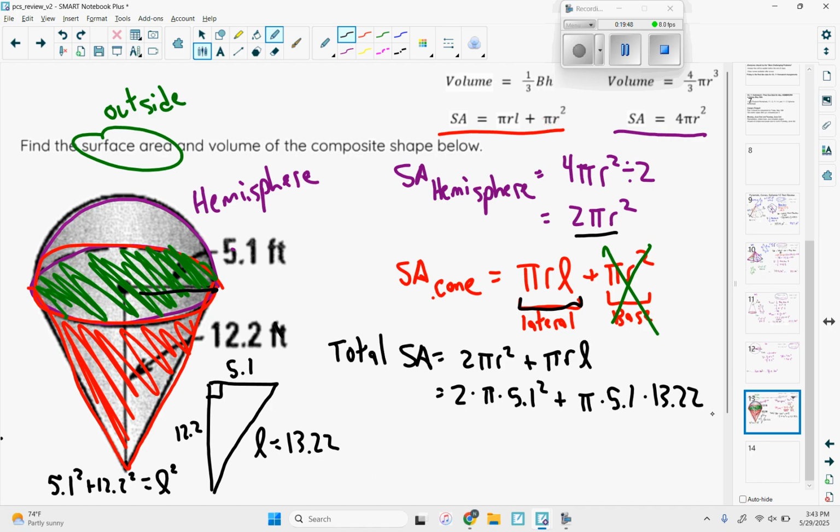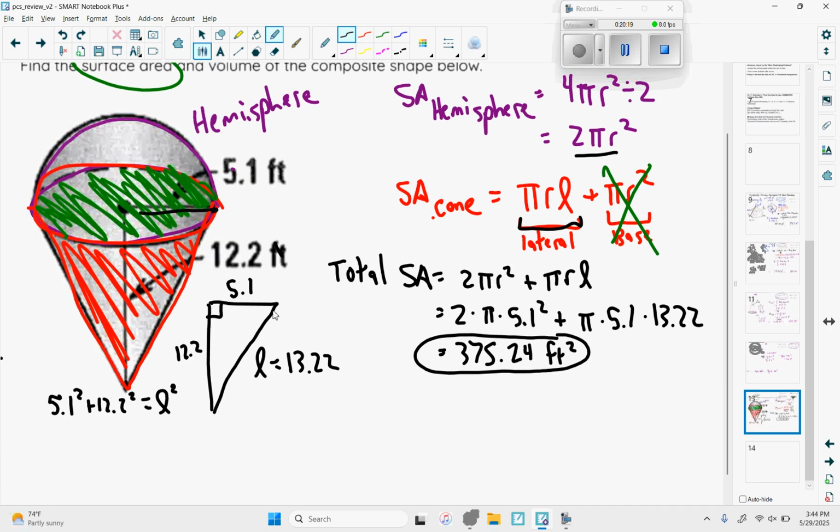So my total surface area, when we plug it into the calculator, is going to be approximately 375.24 feet squared. All right. So again, before you start solving, figure out what are the surfaces or faces that you need to add together to get the outside of your composite shape.